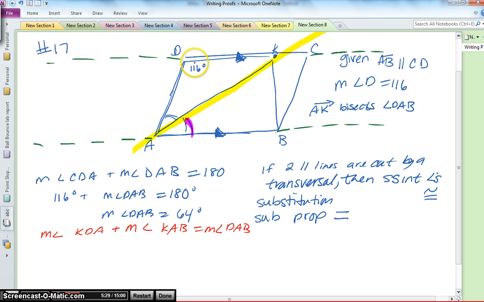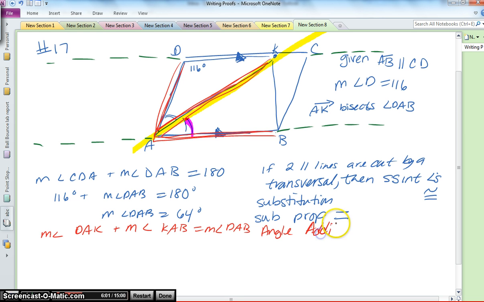Have I said those right? Here I need to say DAK, don't I? And by what property is that? That's the angle addition property.